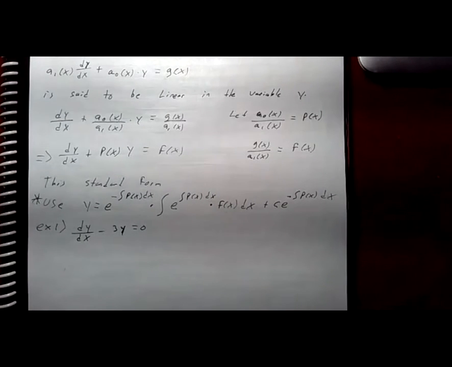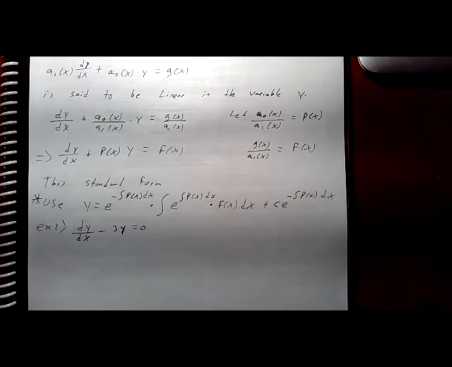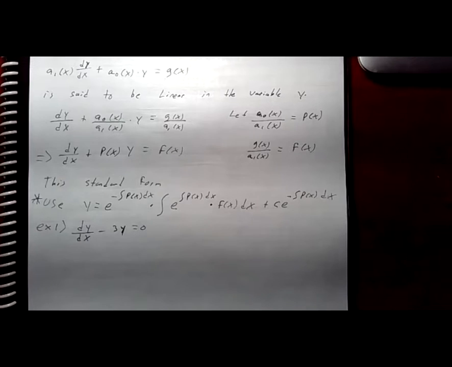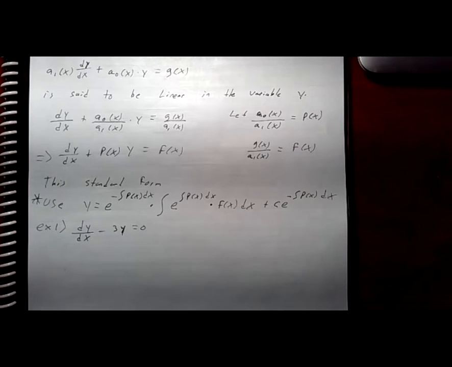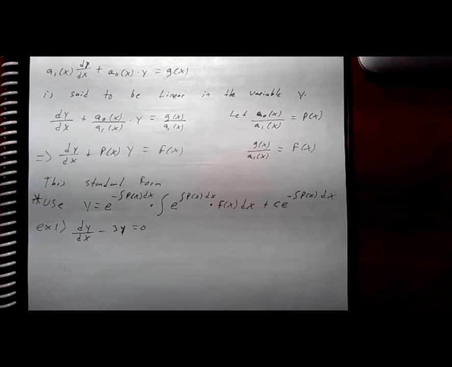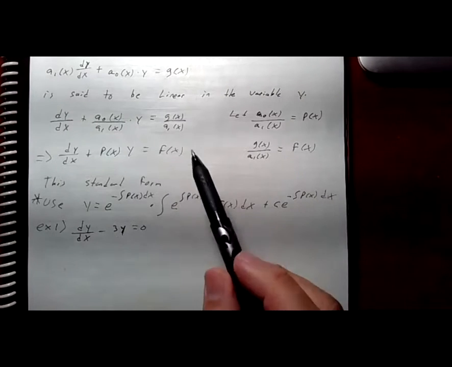Okay, so in this case, what is my P of x, right? Negative 3y. Yeah, it's going to be just the negative 3, right? The y would be here, so we'll leave that part alone.